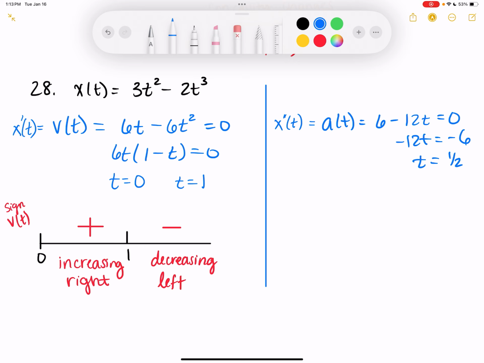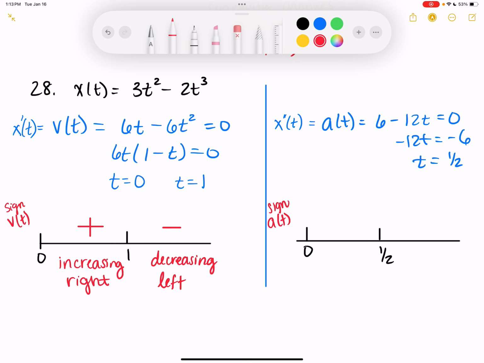And then we do the same thing, except it is going into the second derivative this time. We still put 0 on there because obviously we can't have 0 time, and then we would have 1/2. And this is going into the sign of a of t.